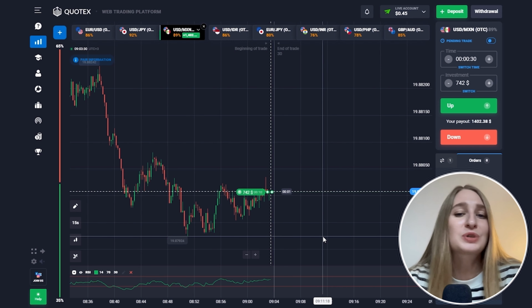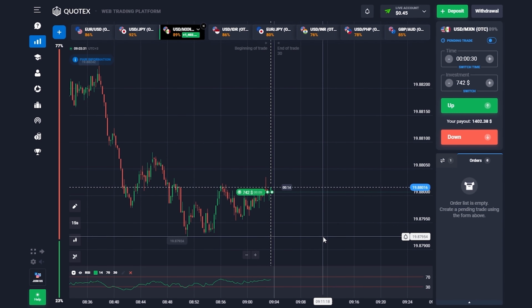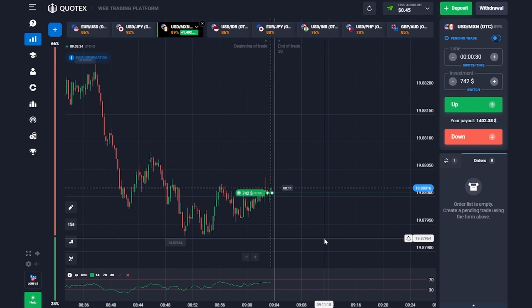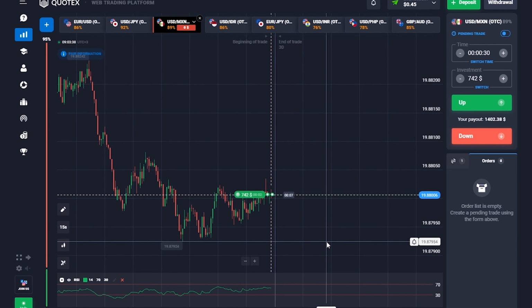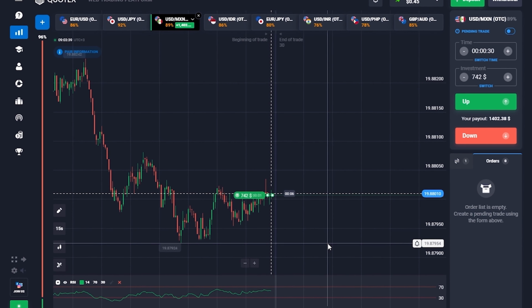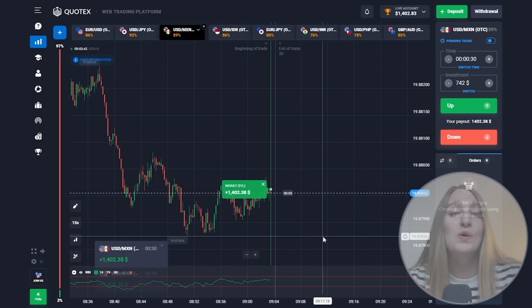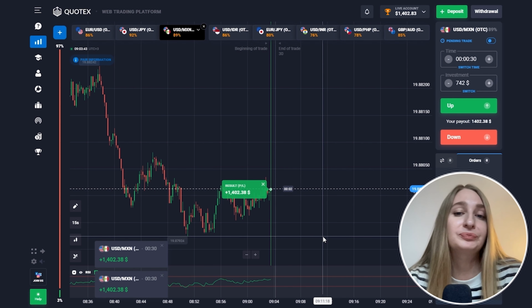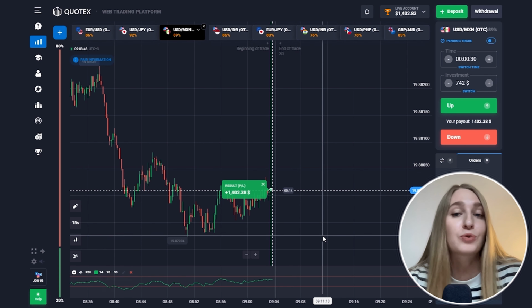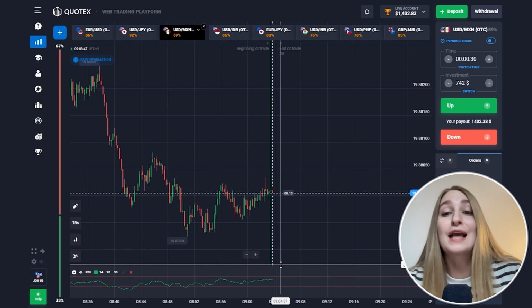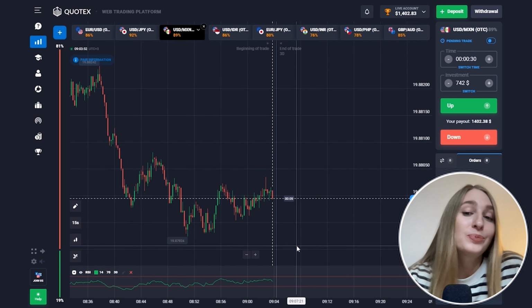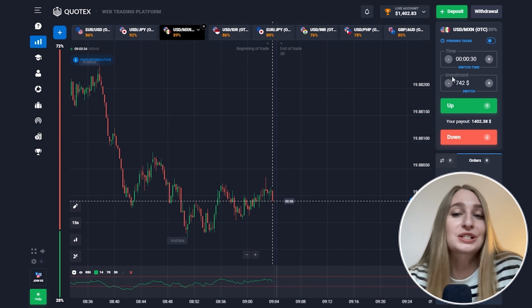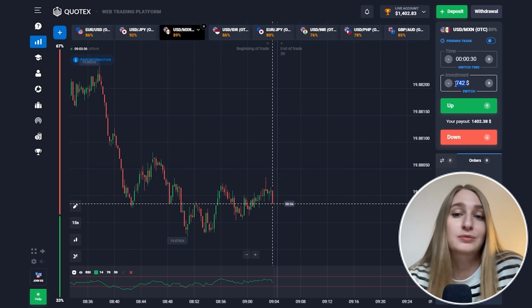Therefore the trade was opened in the same direction. Here's our first trade, it works out perfectly and closes in plus. We see the line go up, we open a trade in the same direction, and we earned a profit.